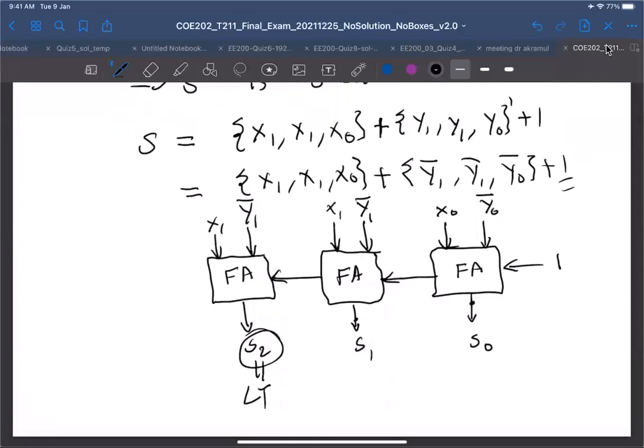If we NOR these, we are going to get the equality. Why didn't we take S2 together with them?